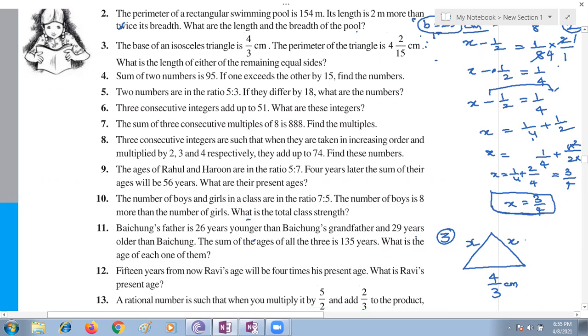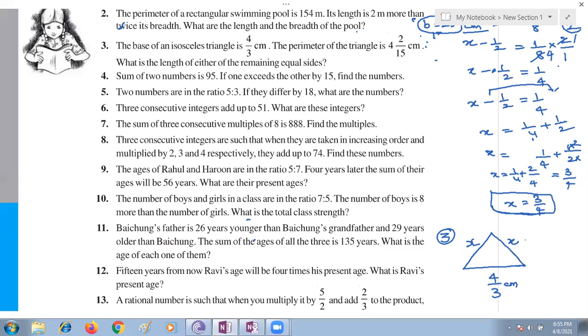If equilateral triangle, all three sides will be equal. What is scalene triangle? Ma'am, all the three sides will be unequal. Yes. What about right angle triangle? Ma'am, one angle will be 90 degrees. One of the angles will be a right angle.